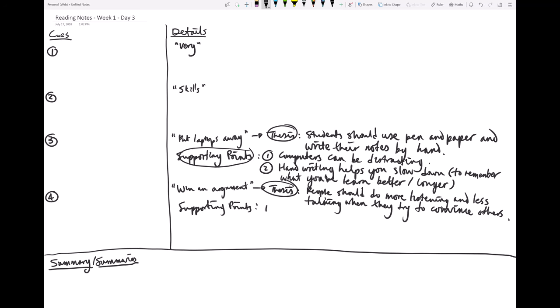And here are some supporting points. Well, the first one I can find from the opening sentence, or at least the issue that they have. I can paraphrase it this way.